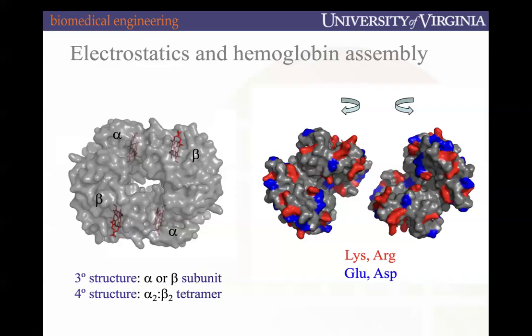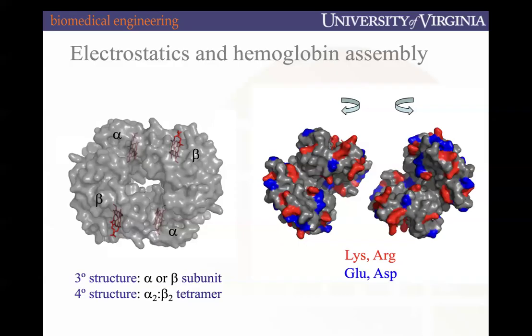All right, so there was a question a moment ago about ionic bonds in these proteins. One thing to note about hemoglobin is that we talked about the beta chain and alpha chain.